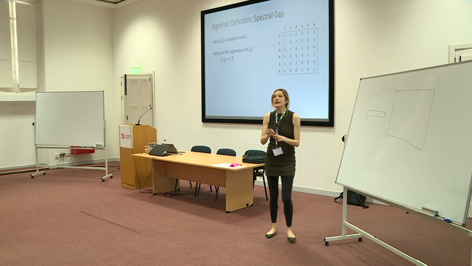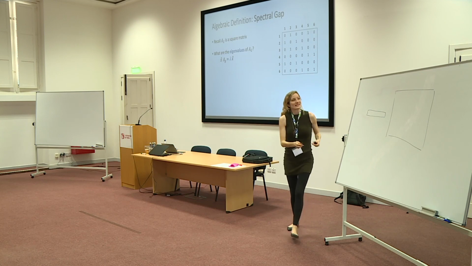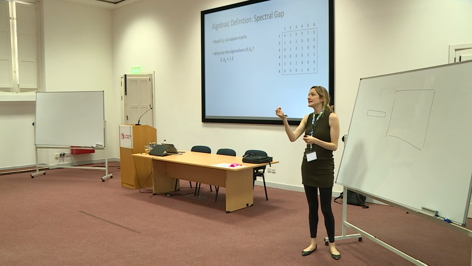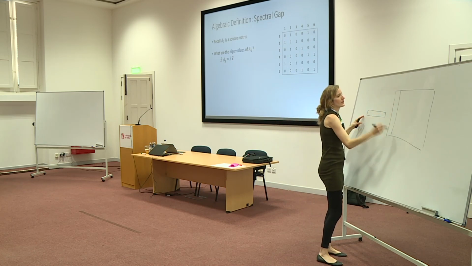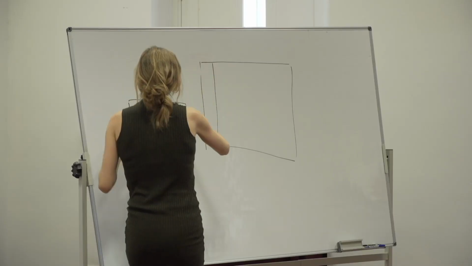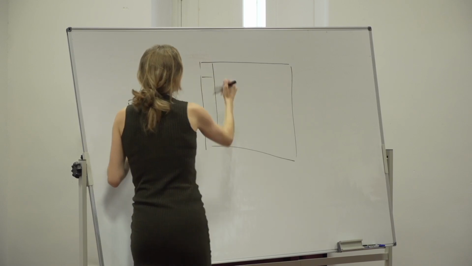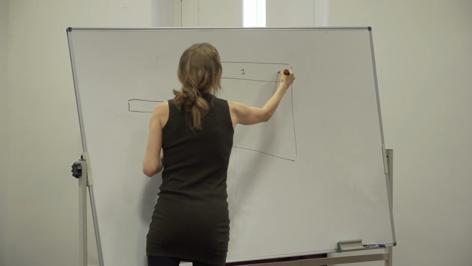Remember, being d-regular means that every vertex has exactly d neighbors. In particular, every column, and in fact every row, has exactly d 1s.